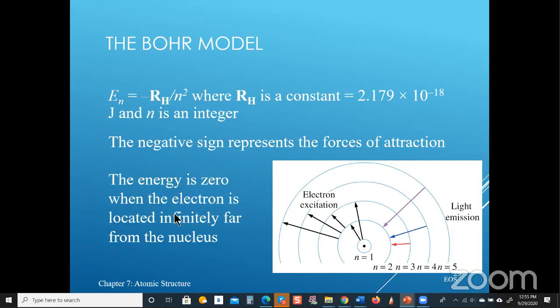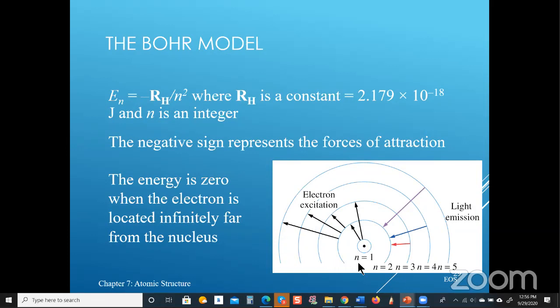And of course the energy is zero when the electron is located infinitely far from the nucleus. So if n is equal to infinity, that means that En is equal to zero, which means that the electron will be so far from the nucleus that the nucleus will have no attractive force on the electron, all right? So that's how we interpret this diagram in terms of energy.